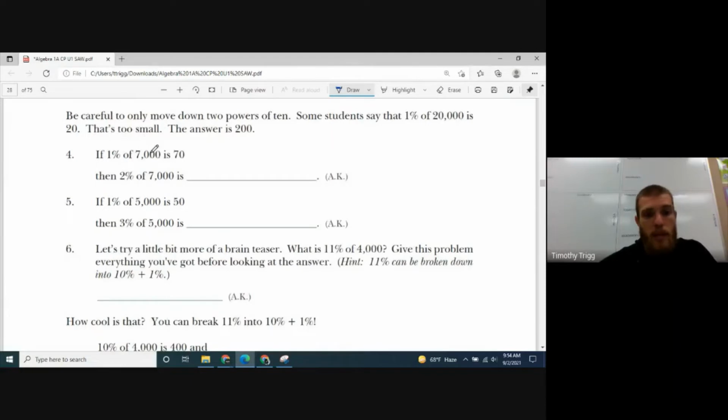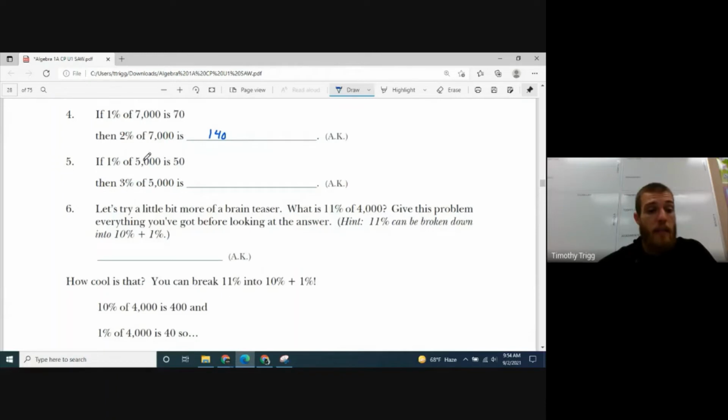If 1% of 7,000 is 70, then 2% will be double that. So this would be 140. If 1% of 5,000 is 50, then 3% will be 3 times that, right? So 3 times 50, that's 150. So it's how you can calculate a lot of percentages in your head.